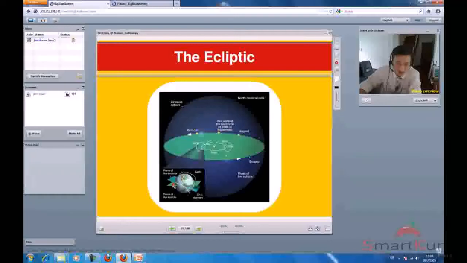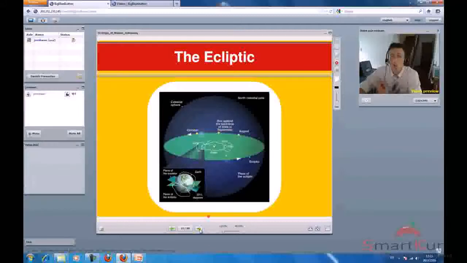Now what that means is that there are parts of the year when the north hemisphere is pointed at the sun, and that would be over here in June. You can see we're taking a closer look at the Earth in June when the northern hemisphere is pointed at the sun.